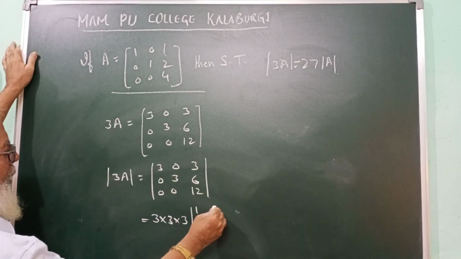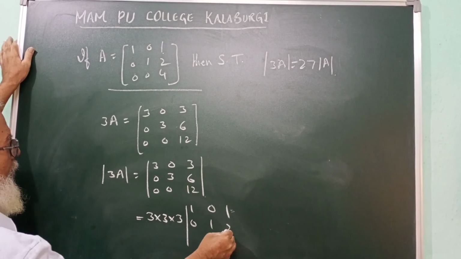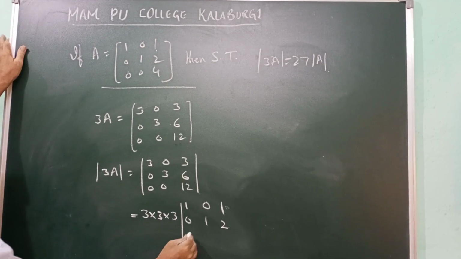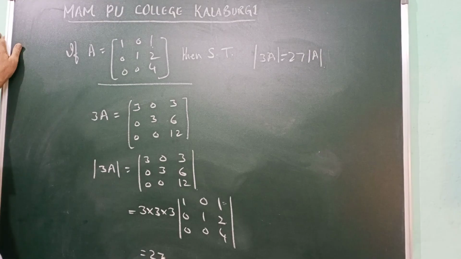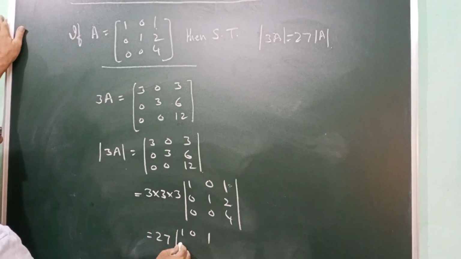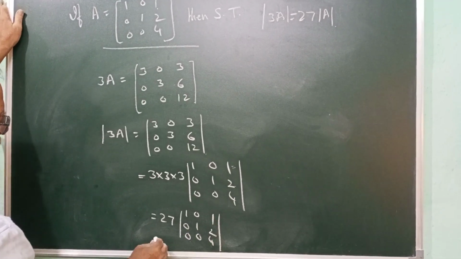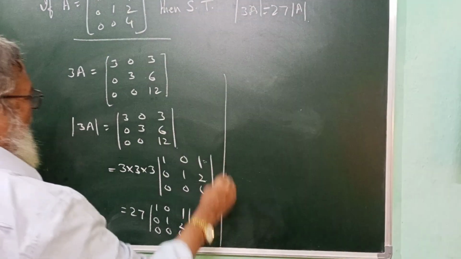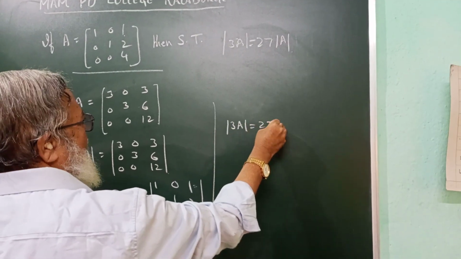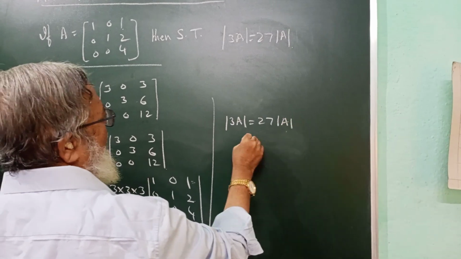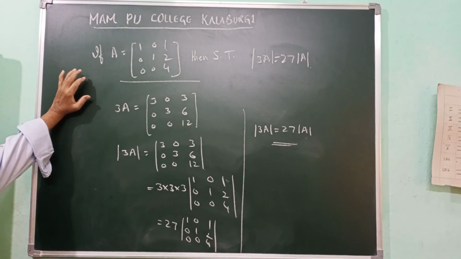So what we get is 1, 0, 1, 0, 1, 2, 0, 0, 4, and this is nothing but the determinant of A. Therefore we can write determinant of 3A is equal to 27 into determinant of A, as in the given problem. So similar questions are asked in the examination.